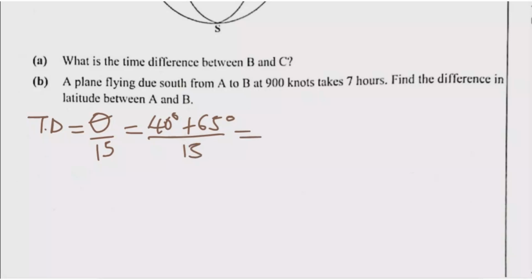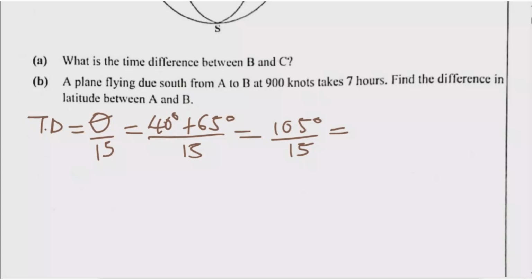So 40 plus 65 will give us 105 degrees, over 15. Now we want to find the time difference. Remember, every 15 degrees makes 1 hour.